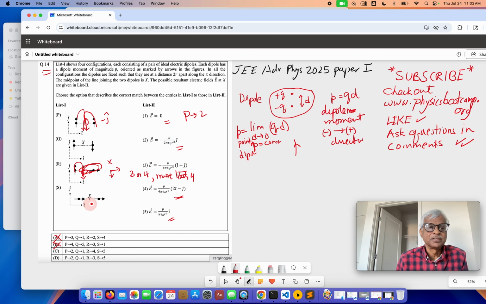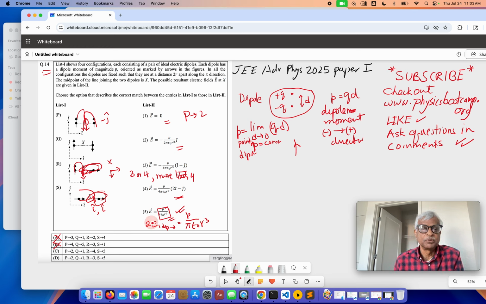So S, both in the same direction. This guy is going to go in the i hat direction, and this guy is also i hat. So it's going to be this. If I now look at the magnitude, this is 2 times one of these. So 2 times E of one dipole is P over 4 pi epsilon naught R cube.